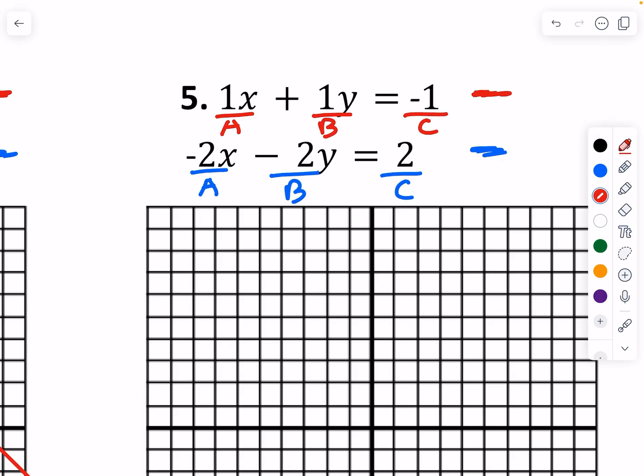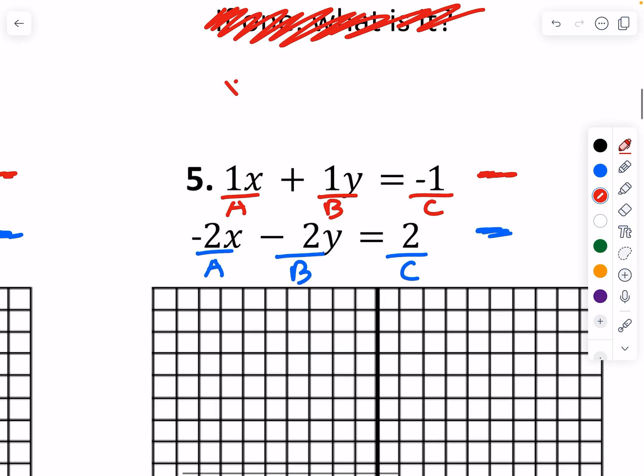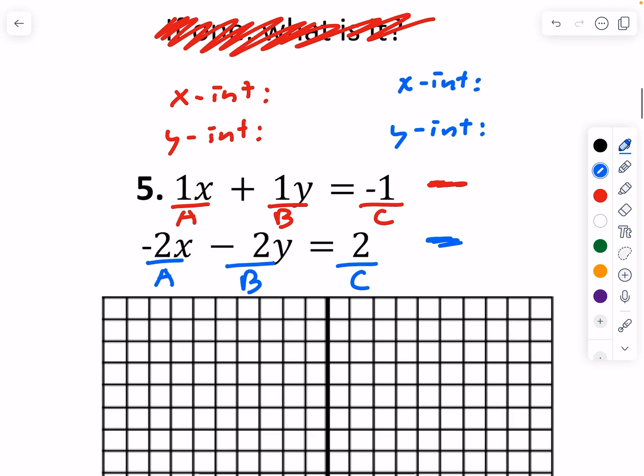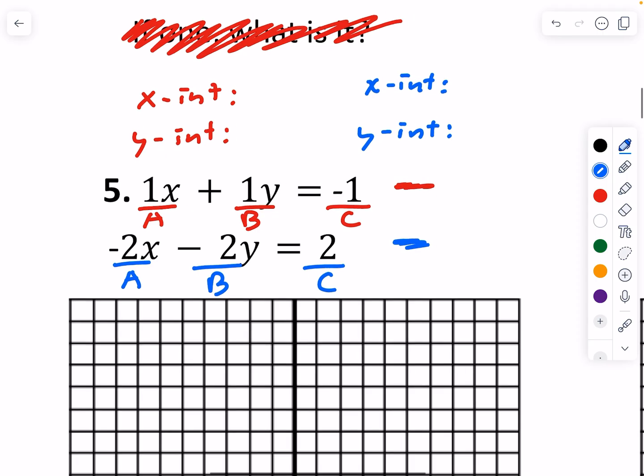I'm going to pause this for a second. You need to try to do your x-intercept and y-intercept for red, and your x-intercept and y-intercept for blue. Okay, pause, give those a try.